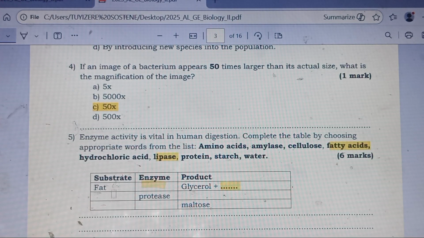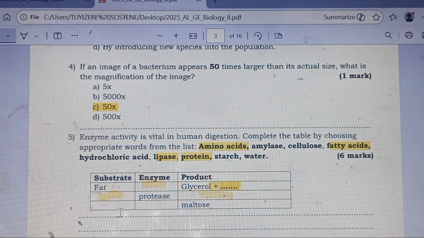Next, for the substrate, you must consider that enzyme; here it is protein. The enzyme is protease. Then the product here is amino acid. That's the first one.